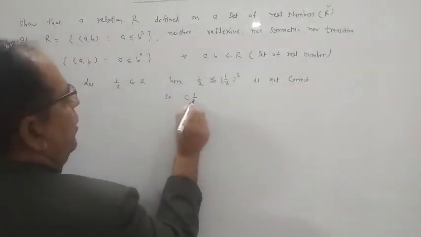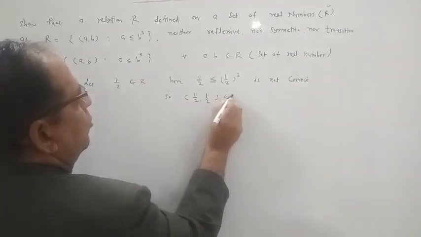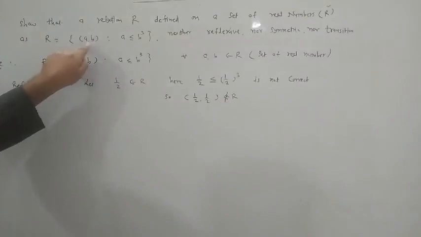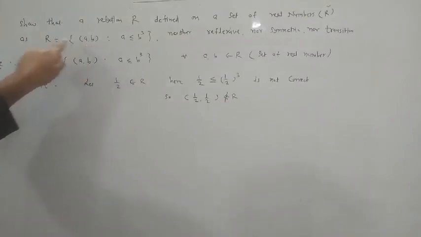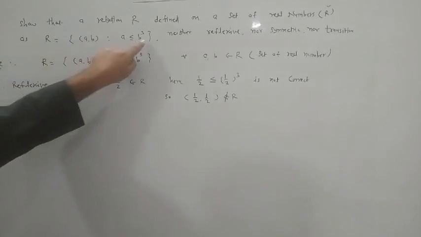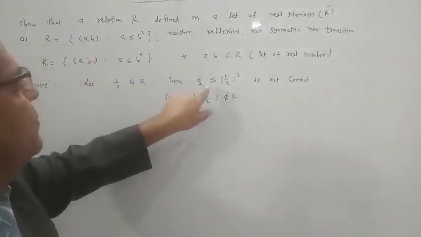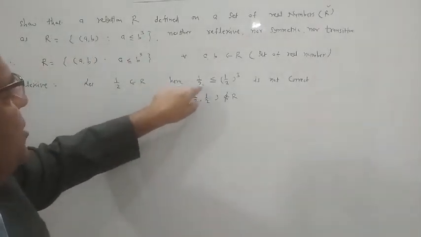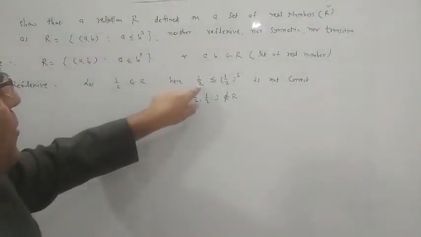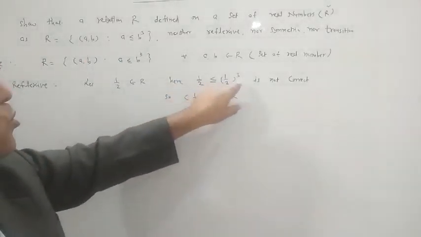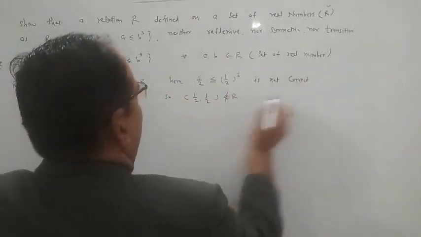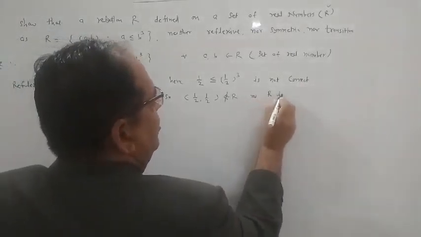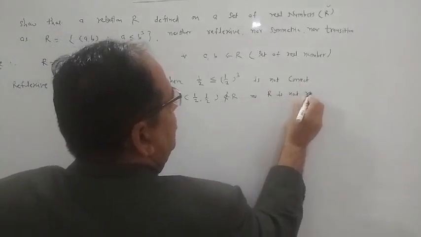So 1/2 does not belong to R. A pair (a, b) will be an element of this relation R if it satisfies this condition. We take one real number 1/2 and check whether it satisfies this condition or not. We write 1/2 less than or equal to (1/2) cube. This is not possible, so 1/2 is not an element of R. This implies that R is not reflexive.